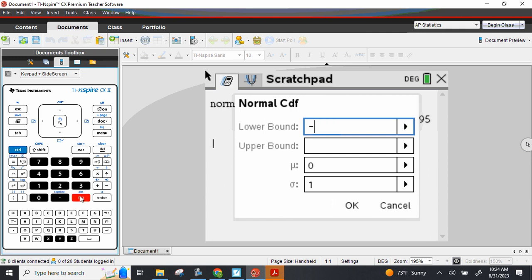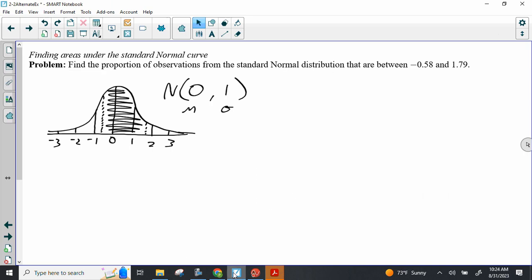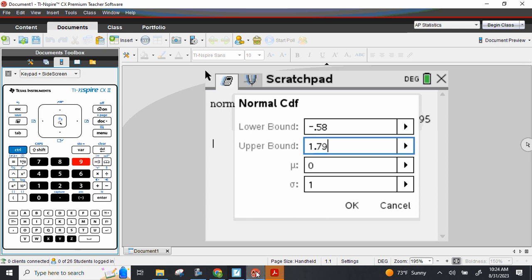Upper bound was 1.79. Wow, is my memory good? Oh, wow. That's unusual. All right. And now this is the deal. Since it's a standard normal distribution, we're not changing these. Your calculator automatically assumes that you're trying to find an area in a standard normal distribution, unless you tell it that you're actually dealing with some other normal distribution in something that exists in the world.